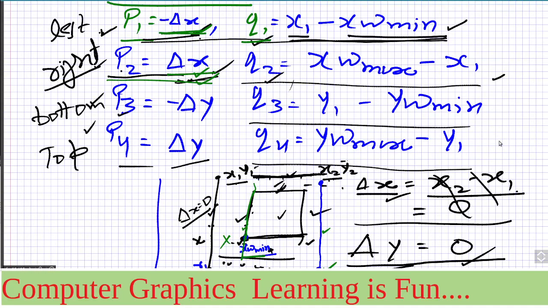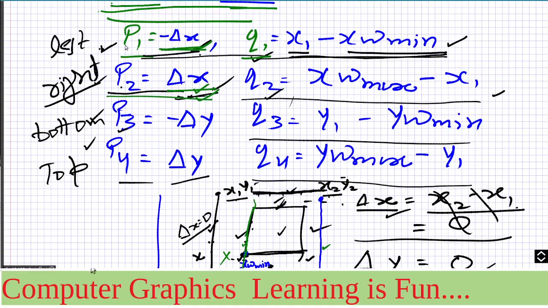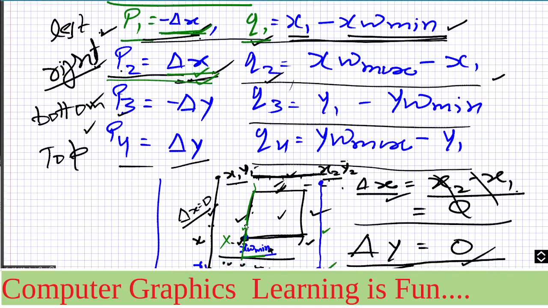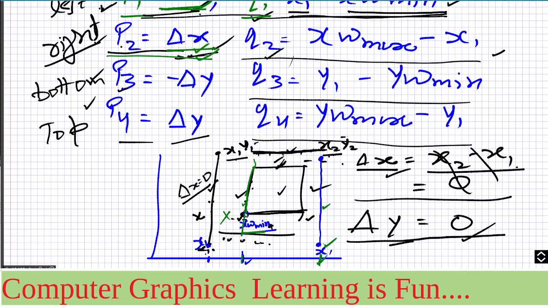Okay. About this particular position on this line, we got delta x is equal to 0. For P1 we calculated and we got P1 value 0. Then we tried to find out Q1 value. In this Q1 value we found that it is negative, x1 minus this xw min. x1 was smaller and xw min was bigger, so the difference was negative.